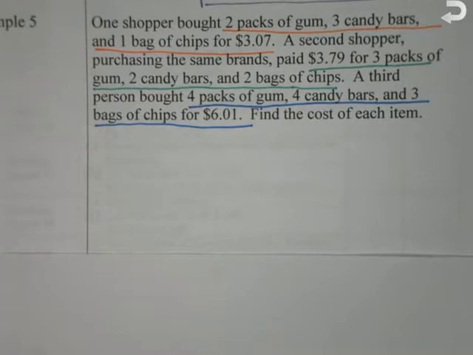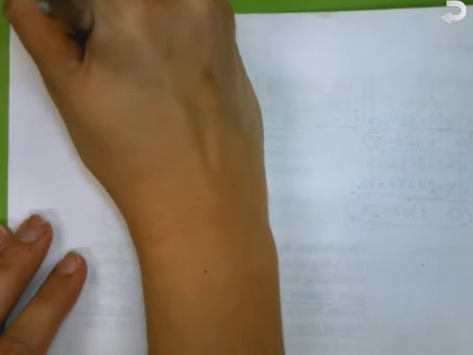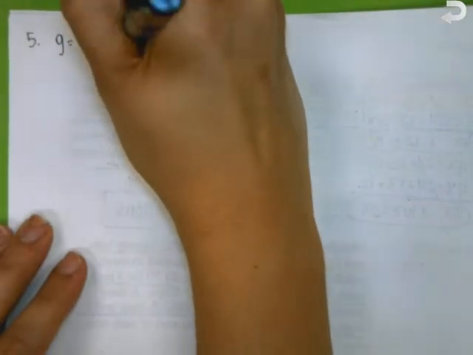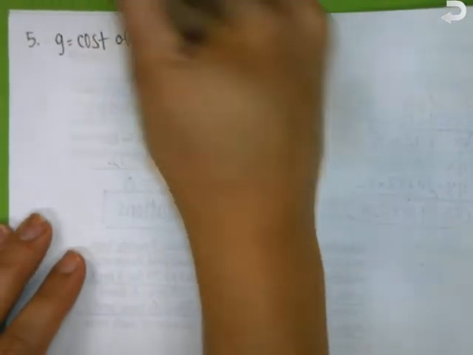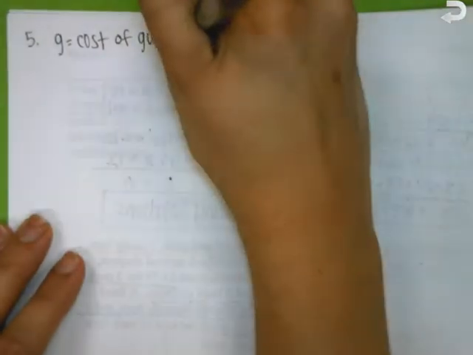So for example 5, G is going to equal the cost of gum. We're going to have B equal cost of candy bars. And C is going to be the cost of chips.